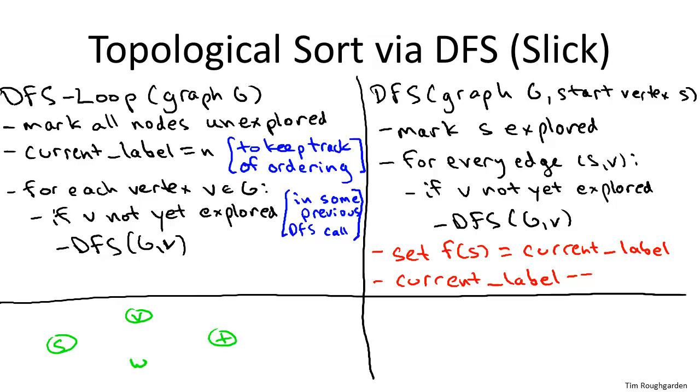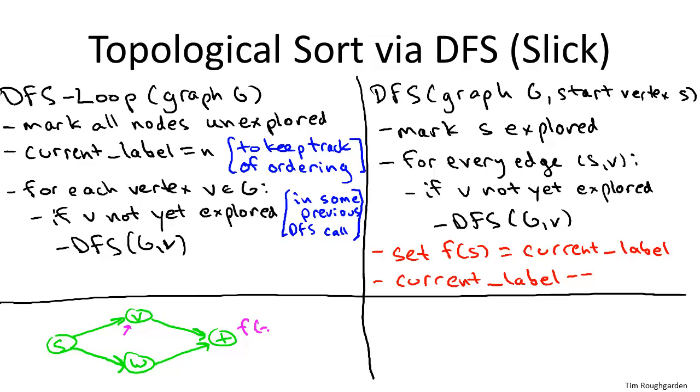So let's just say we have this 4-node directed graph that we're getting quite used to. This has 4 vertices, so we initialize the current label variable to be equal to 4. Let's say that in the outer DFS loop, we start somewhere like the vertex v. Notice in this outer for loop, we wind up considering the vertices in a totally arbitrary order. So let's say we first call DFS from this vertex v. What happens?